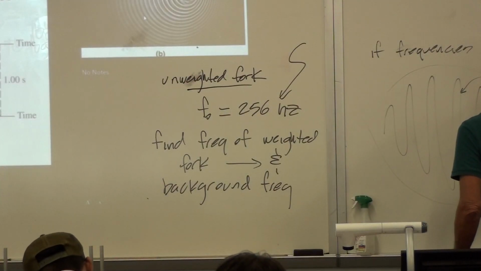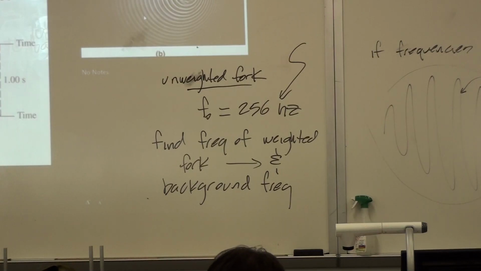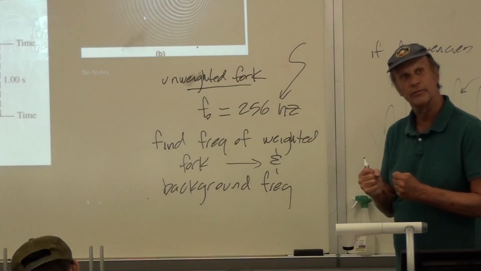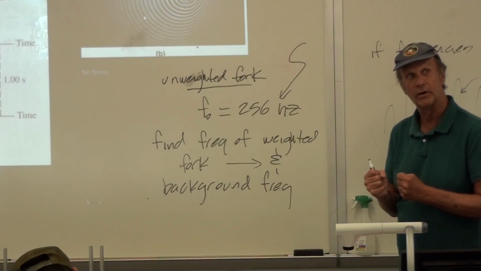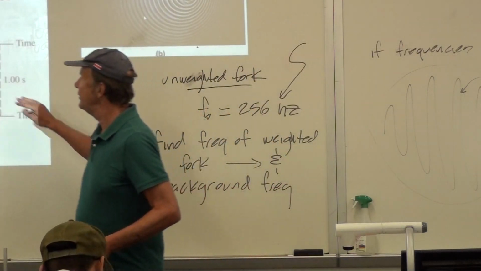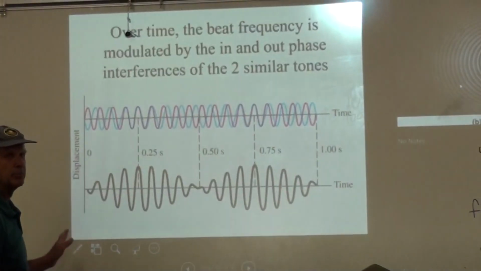Because it's 12 less, and we know that the weighted fork must have more inertia, and so therefore if I'm hearing a beat frequency of 12 hertz, then that means that the weight is reducing the frequency by that amount, by 12 hertz. Now, if I made it too much less, then this kind of interaction would blur together.